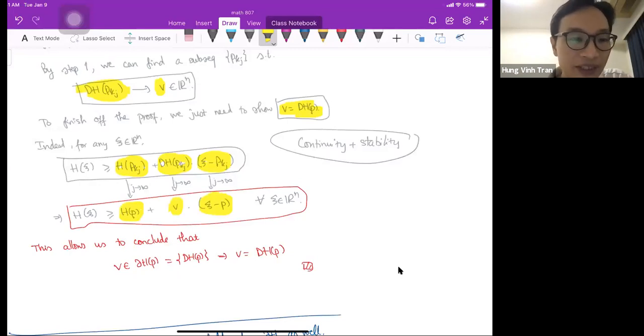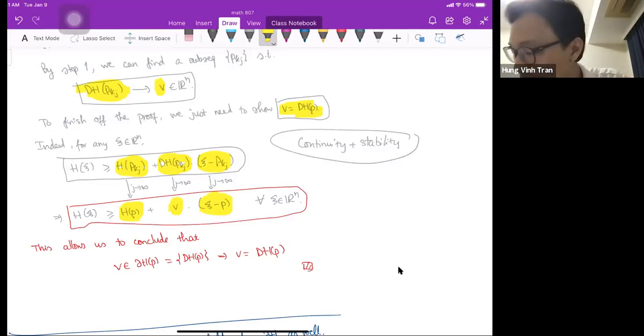Then you conclude that v is exactly one point in the subgradient set. And that is exactly the question that you asked me earlier, right? You asked me, if it's differentiable, then how do we know that the subgradient set is only one point?